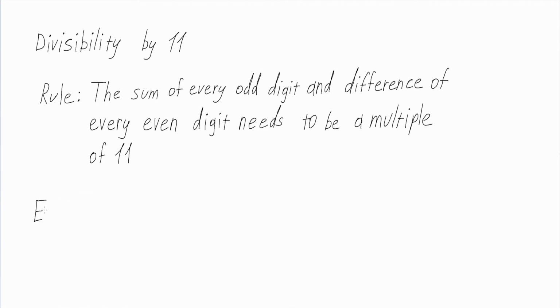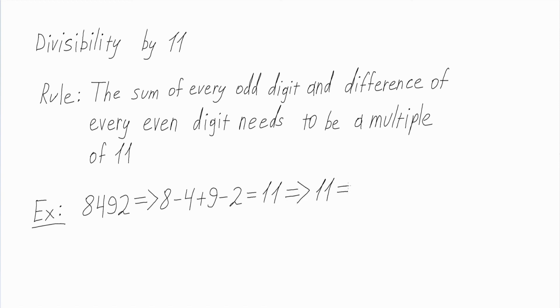Here we have the number 8,492. To determine if it's divisible by 11, first we add every odd-position digit and subtract every even-position digit. So it will be 8 minus 4 plus 9 minus 2, and all of this equals 11. And 11 is a multiple of 11, so this number is divisible by 11.